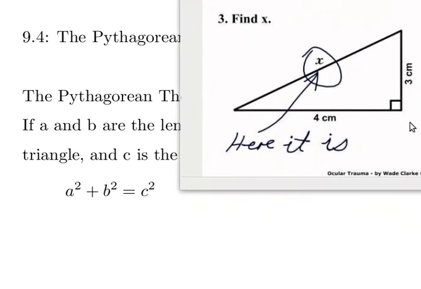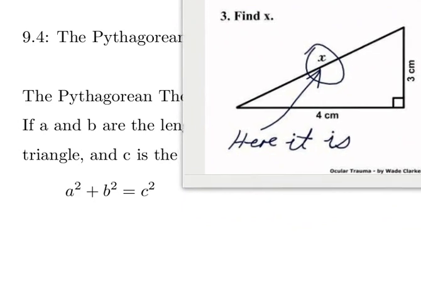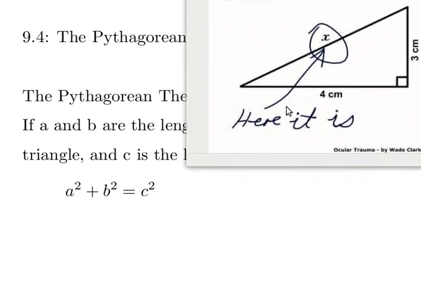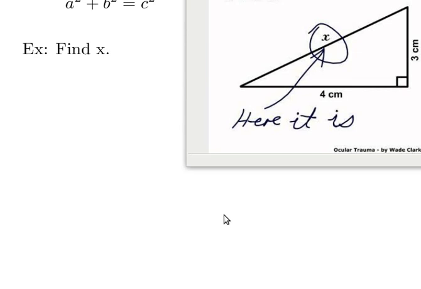Well, this is actually a very classic Pythagorean theorem problem. So let's go ahead and work with that for a minute. So for example, find x.